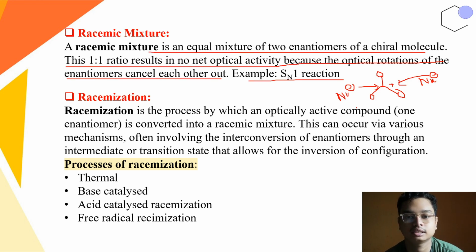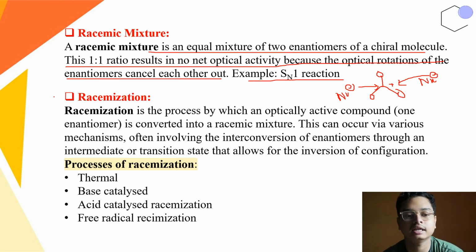Since both optical rotations cancel each other out, there will be no net plane polarized light rotation observed in the detector, and this type of mixture is called a racemic mixture.